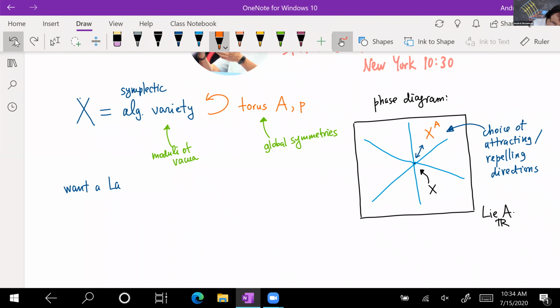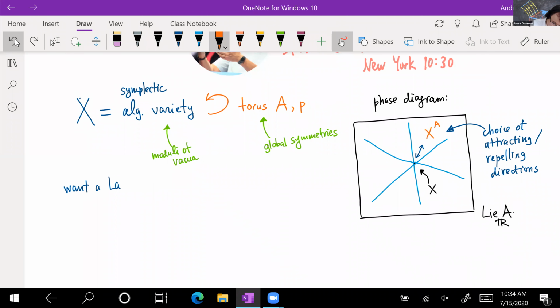So we define, suppose we have, remember that we have a partial order among the components of the fixed locus, and we can choose a linear order. So order the components of the fixed locus by attracting.